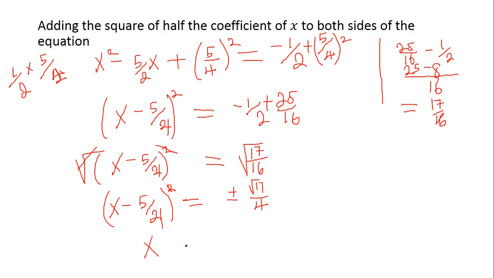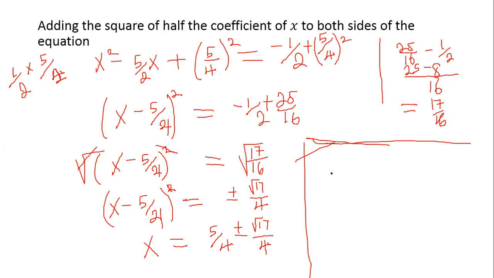So x, when I take this one across the equal sign, it becomes positive, then plus or minus root 17 divided by 4. So my x can be 5 plus or minus root of 17 divided by 4.